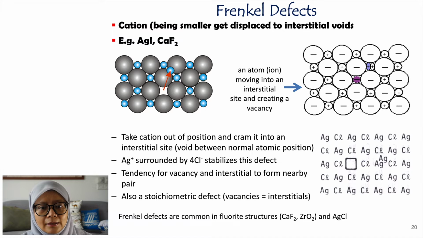In this case, the cation is smaller and can get displaced to interstitial voids, for example in silver iodide and also calcium fluoride.